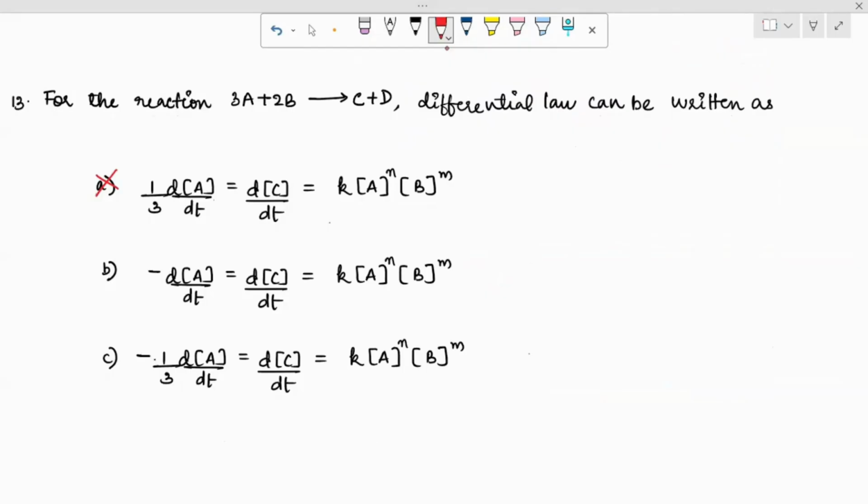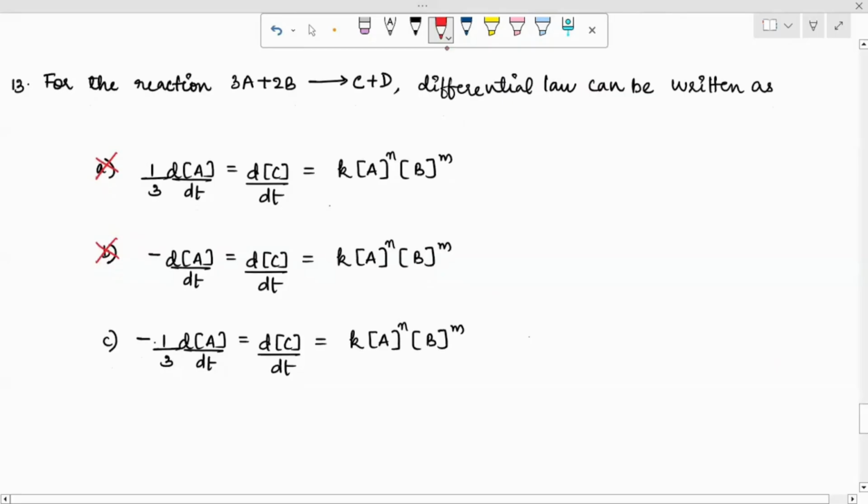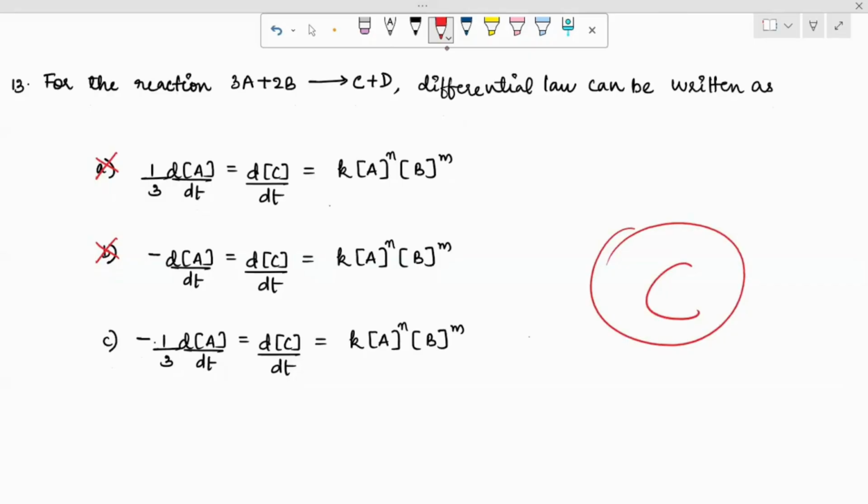We have to write the reciprocal of the coefficient. That is not there, so option B is also wrong. Last option, let's check. Minus 1 by 3 dA by dt is equal to dC by dt, equal to k A to the power some number n into B to the power some number m. Yeah, option C.